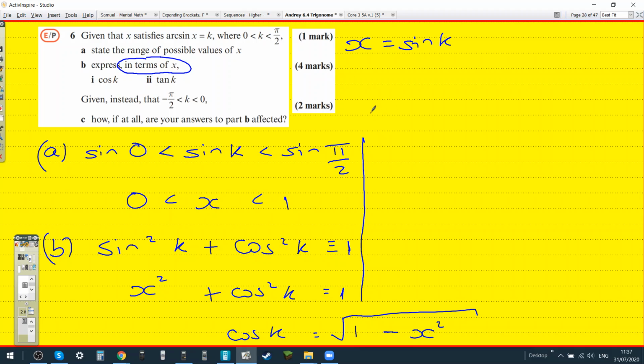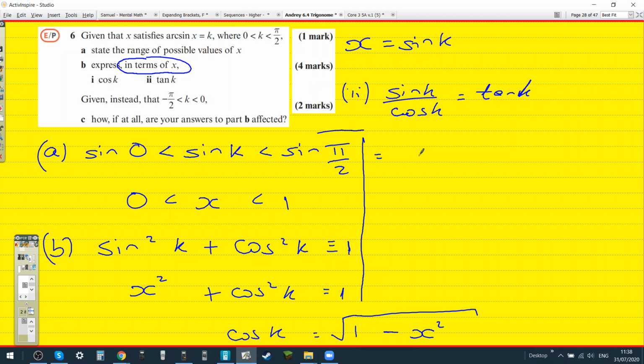Part 2 is tan k. So would I do something like tan k is equal to sine k over cos k? Yes. And so in terms of x. Should I sub in from before?